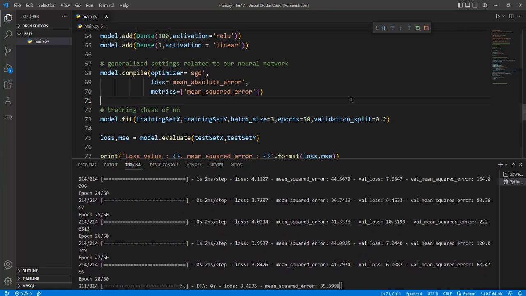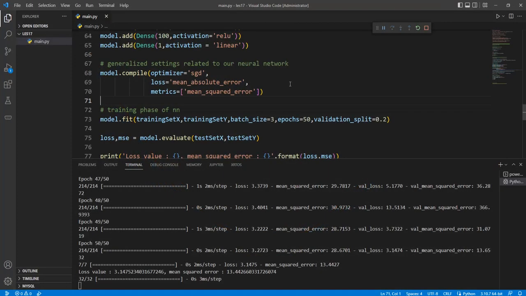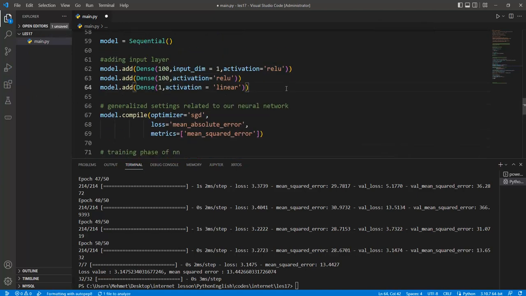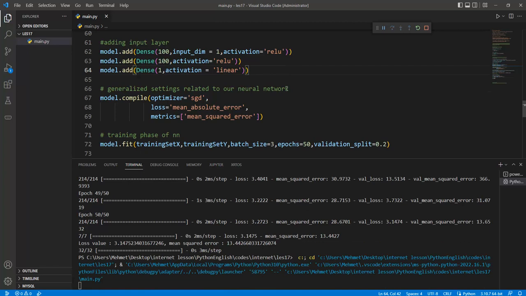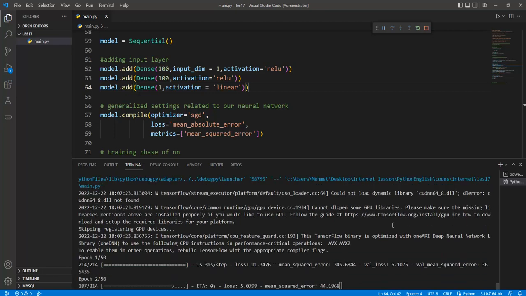So this epoch value may not be enough to reach the minimum or the best performance. Maybe we should choose the epochs to be 500, okay? Because if we delete the one hidden layer like this, the validation loss can change, maybe decrease or maybe increase.